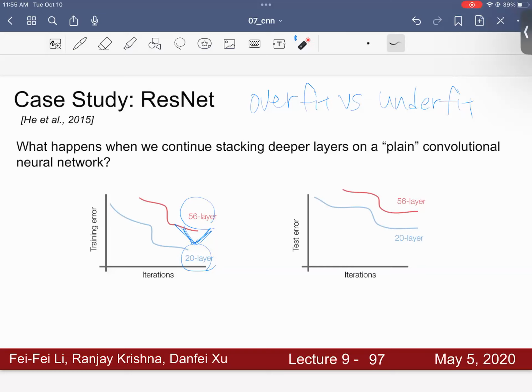A lot of people said this is vanishing gradient. Maybe someone can elaborate on why so many people just answer vanishing gradient. Why not exploding gradient?